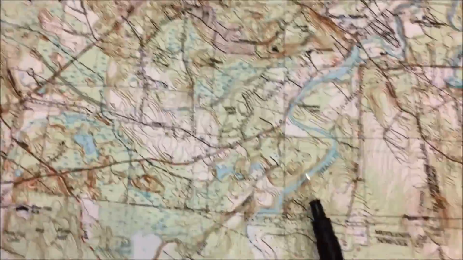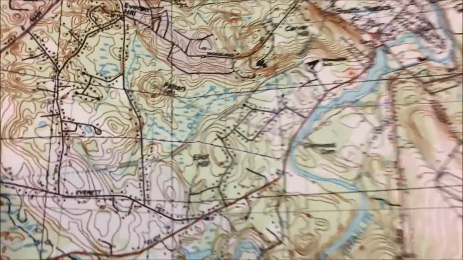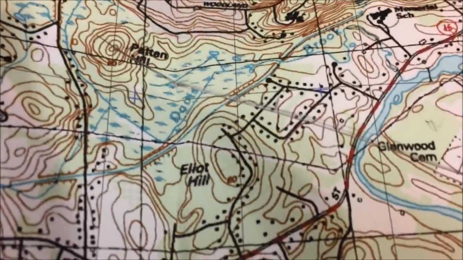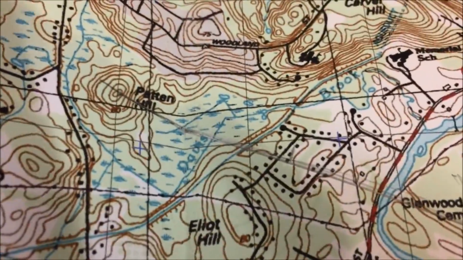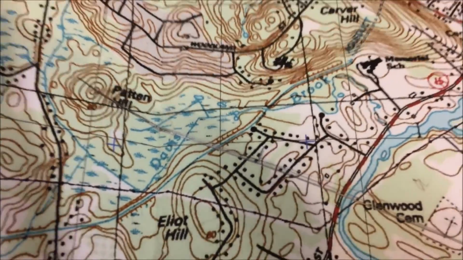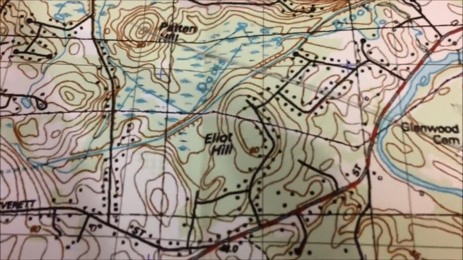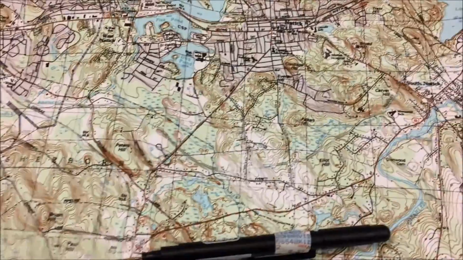The primary feature that I'm looking for is wetlands, and on a topographical map, wetlands are depicted using this blue reedy symbol that you see right about here.